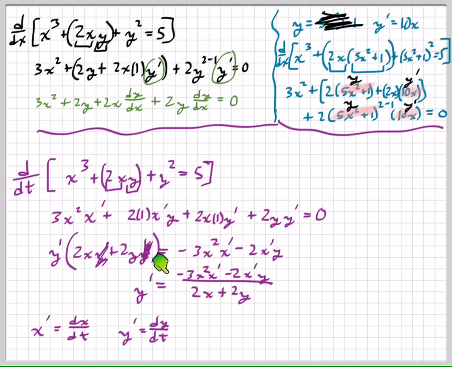Now, this answer is correct. It will work. We will be able to find the slope at any point that's given to us, and the point must be an x and a y. Oh, wait, except we do have a rate right here, which is a problem. Just so you guys know, you see how this is negative 3 and negative 2? If you were to see this in a multiple choice exam, you would not see that.